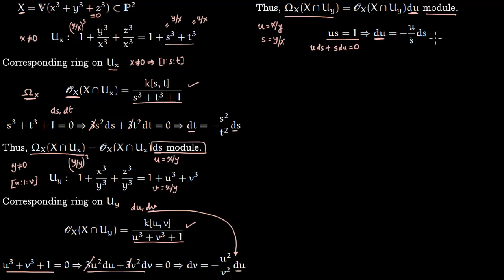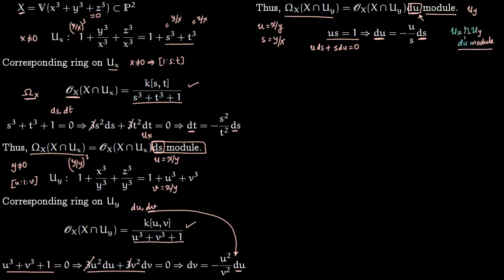So du you can write in terms of ds. So notice that you have a ds module on your set U_x, and a du module on the set U_y. But now you can further see that you do not even need du. You can do everything by ds. So on U_x and U_y, you just have this ds module.